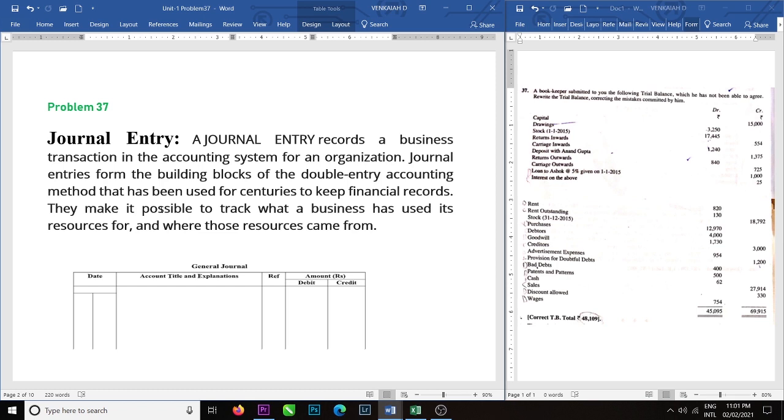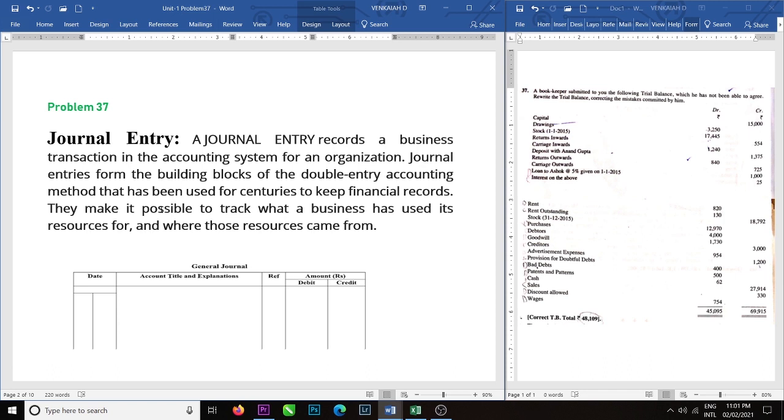Real account rules are debit what comes in, credit what goes out. Nominal account rules are debit all expenses and losses, credit all incomes and gains. That is the types and rules of accounts.